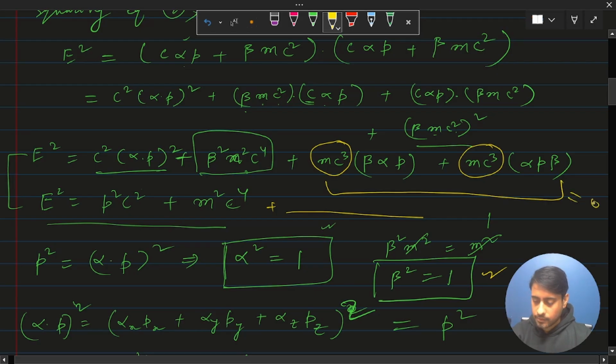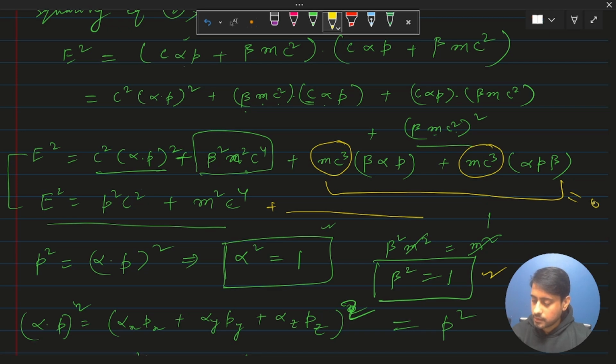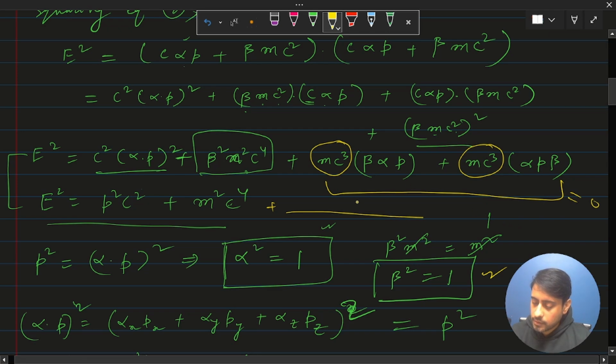Let me write it here. So you can say that beta alpha p plus alpha p beta should be 0, and then let me erase these terms.